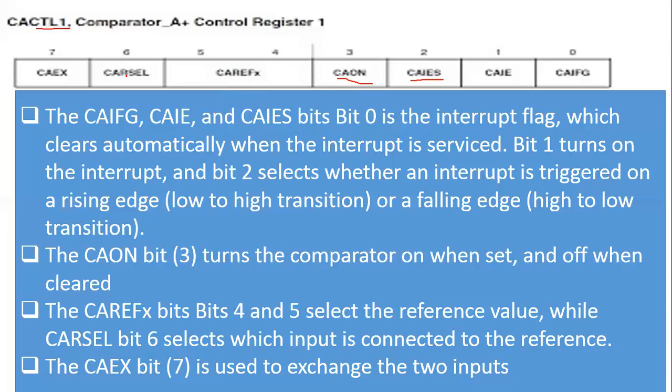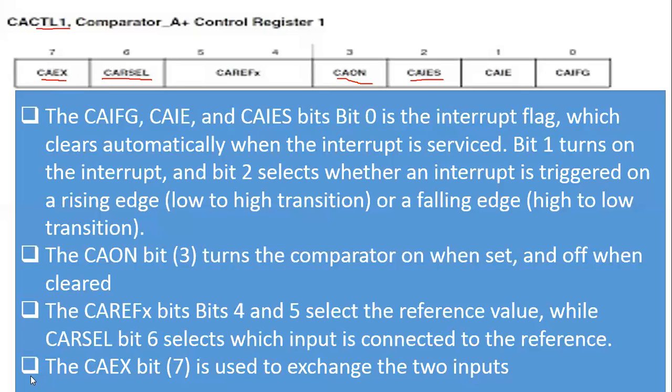And CARSEL will be used for selecting either internal or external. And CAEX, EX means exchange. Exchange means your inputs are exchanged, that is, V plus can be used as V minus, and V minus can be used as V plus. That is the exchanging of inputs. The same thing I have explained here.